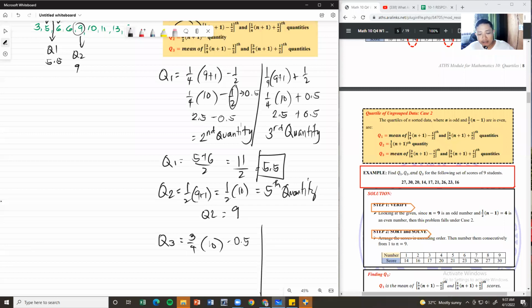The other one is 3/4 of 10 plus 0.5. 3/4 of 10: if 2.5 is 25%, the remaining 75% is of course 7.5. So this is 7.5 minus 0.5. This is actually the 7th quantity.